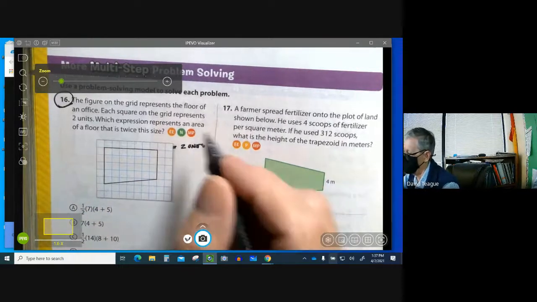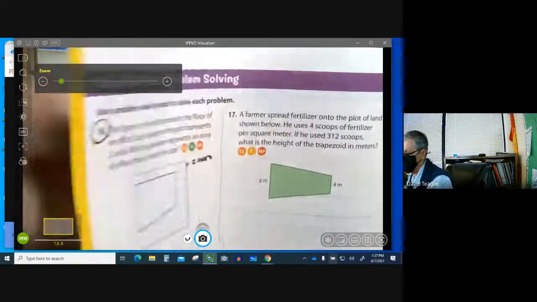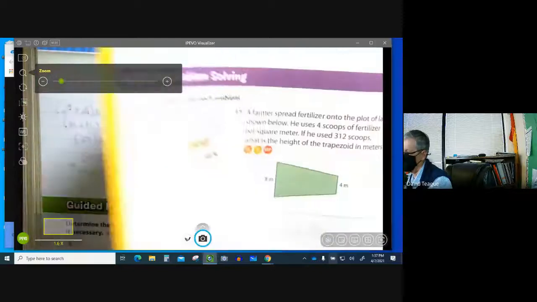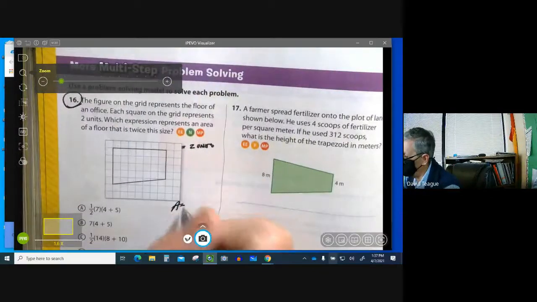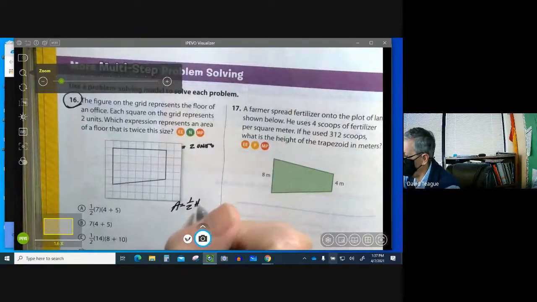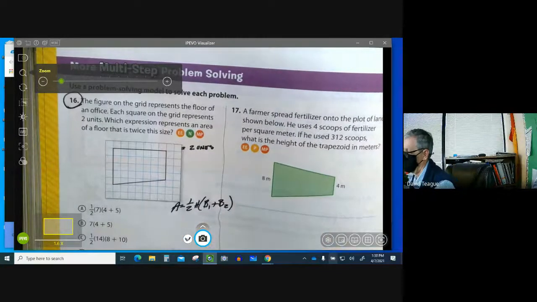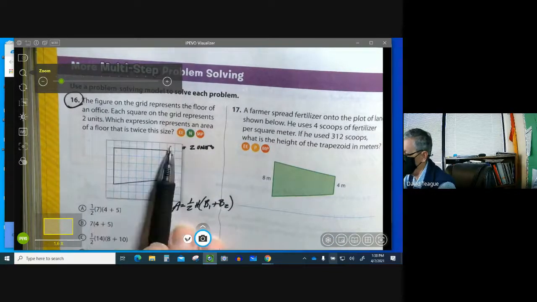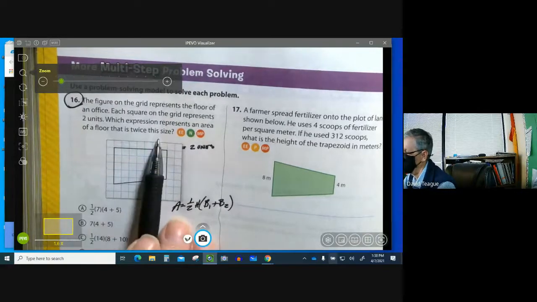So your formula for a trapezoid is area is equal to 1/2 the height times base 1 plus base 2. You have to find the area of this and multiply it by 2.